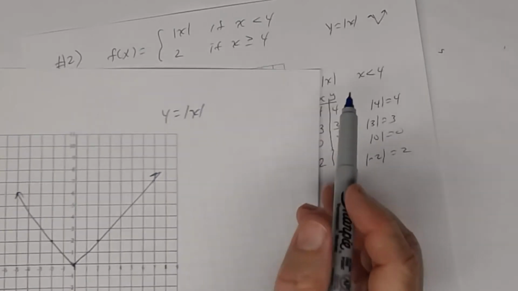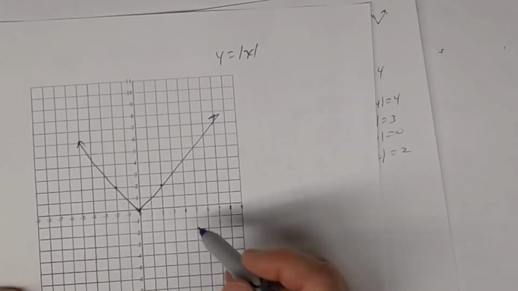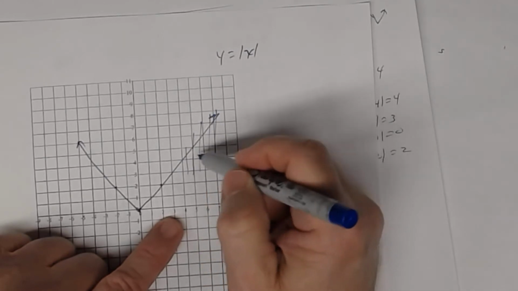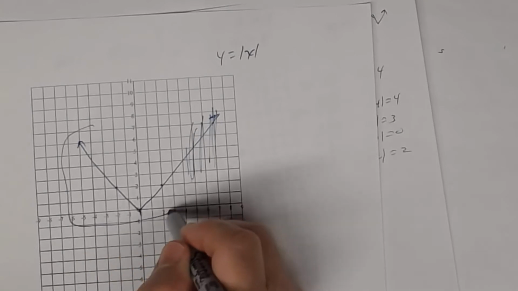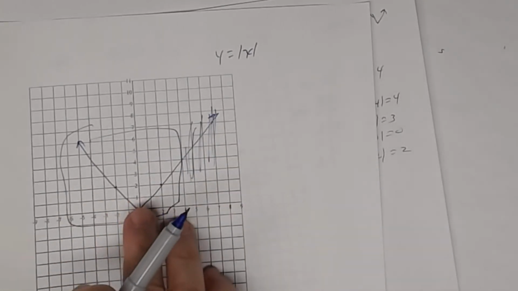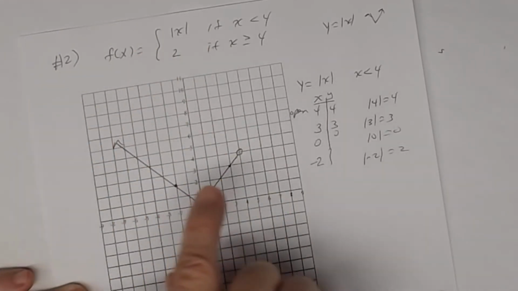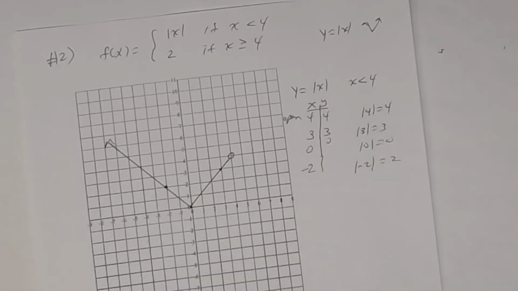But this says I only want the part that's less than 4. So you see this 4 right here. I've got to take away this piece here, and that is the part right here. That part is what you see here. Okay? All right, so that's the idea. You're not graphing all of the absolute value v, you're only graphing part of it, and only the part that's less than 4.